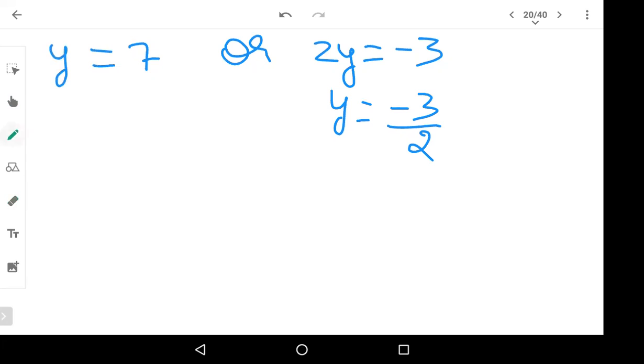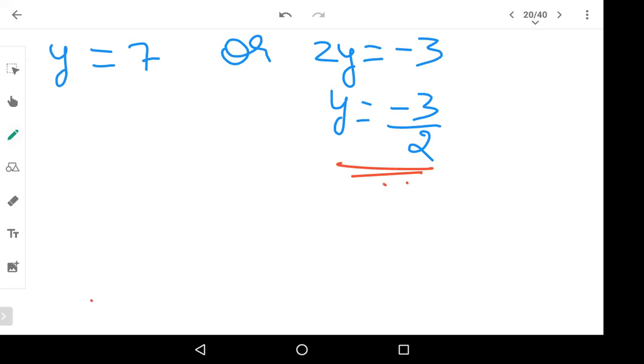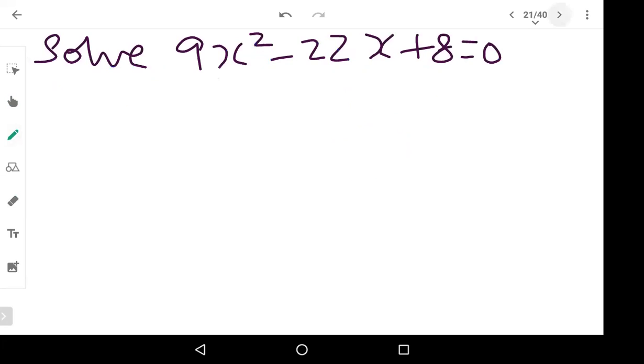So we'll have two answers here. y is equal to minus 3 by 2 and y is equal to 7. These are the two roots that we will be getting. Understood? Any doubts until here? Any problem?